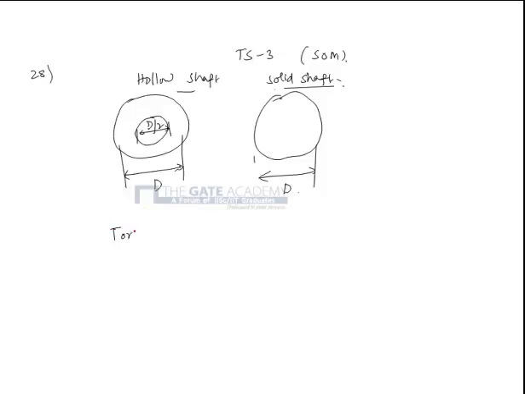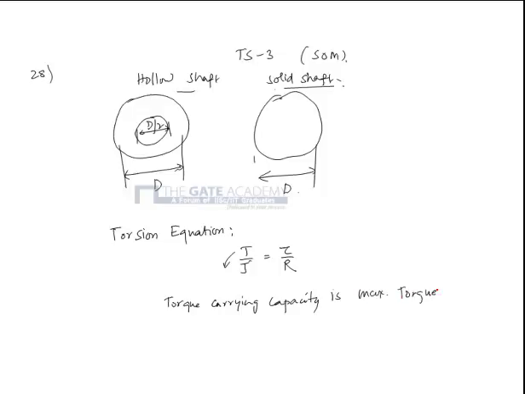So let's use the torsion equation: T by J is equal to tau by R. Now, what is torque carrying capacity? Torque carrying capacity is the maximum torque a shaft can be twisted with.